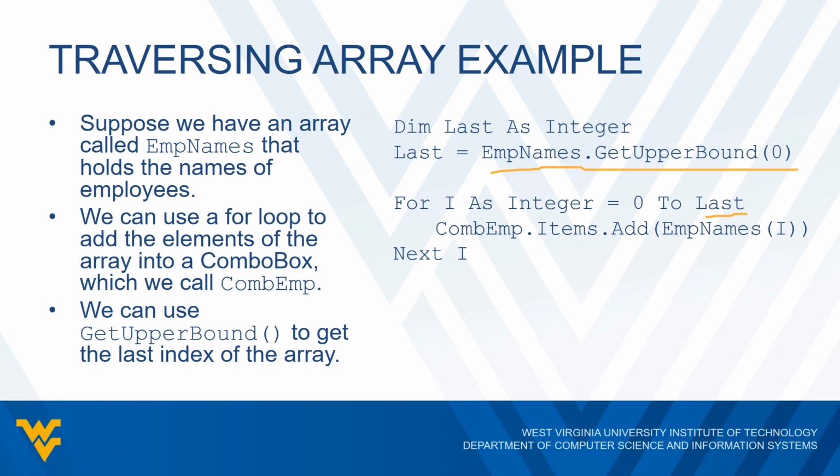If you don't remember how to add an item to the combo box, we do the name of the combo box.items.add, and then we pass whatever it is that we want to add to it. In this case, we would take the element at index I of array empNames. And then we would just keep incrementing I until we get past the end of the array. So this will, sure enough, add all the employees into the combo box.